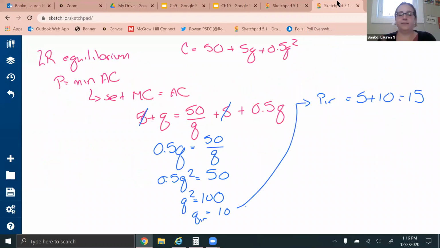So after we have some adjustments, in the long run, we end up at the point where the price is 15, something less than that original 18, and the quantity is 10. So with the new price and quantity, I'm not going to go through it, but we can calculate the profit, and you would see that the profit is 0 for each firm.